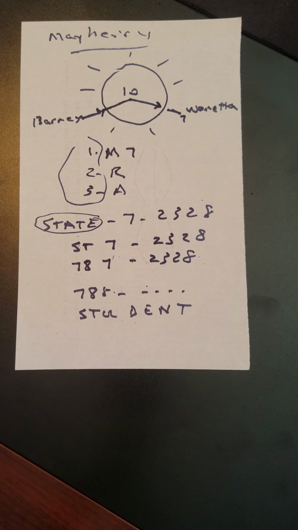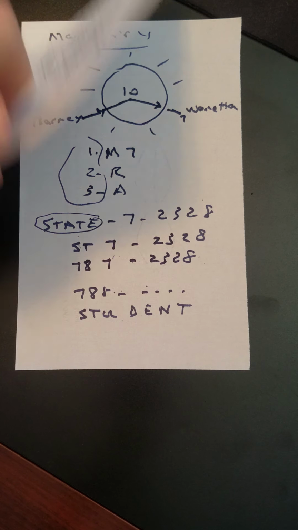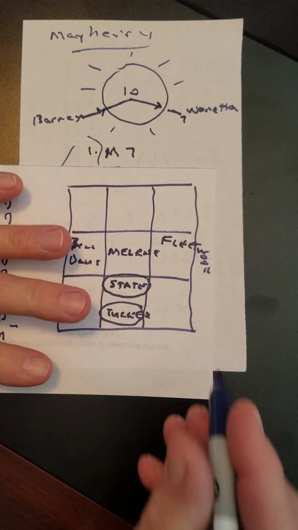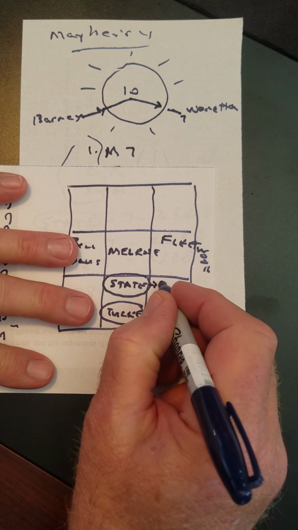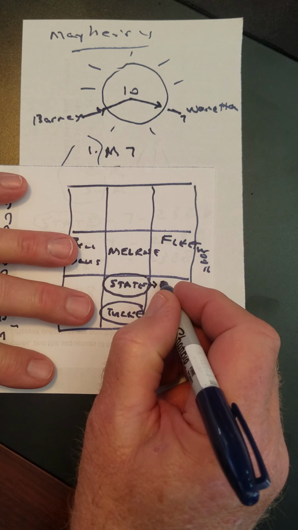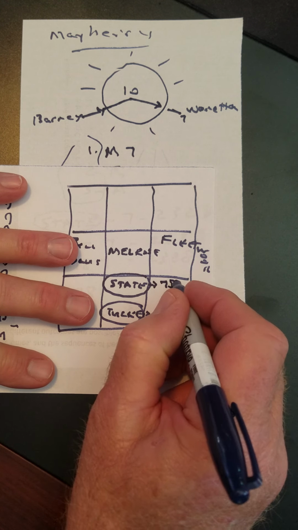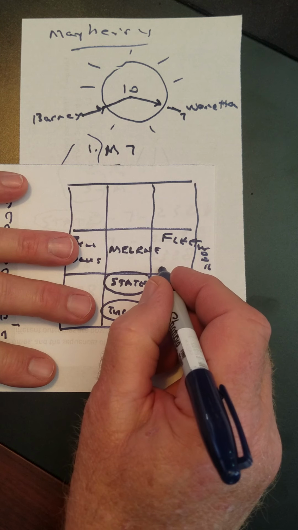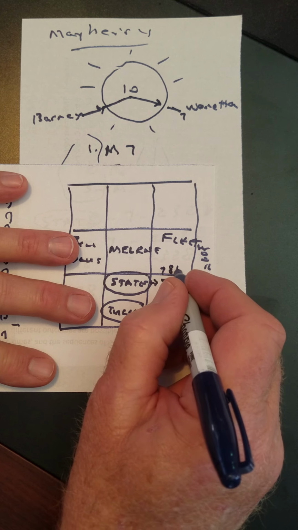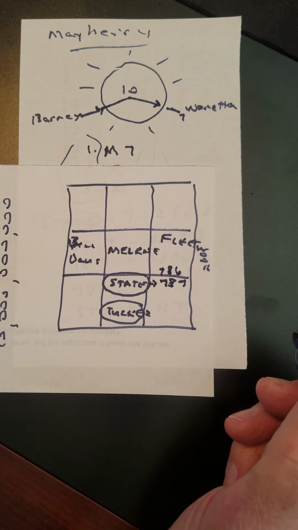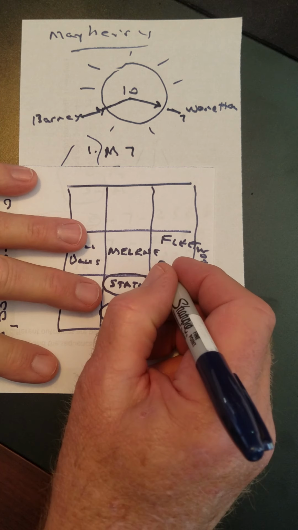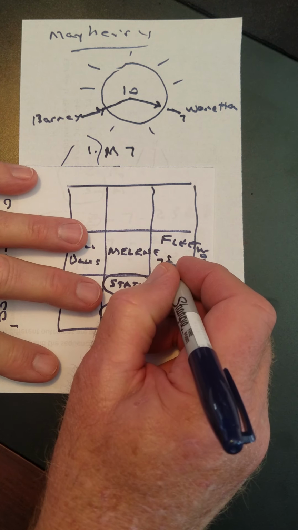And by the way, going back to this, my number was state 7, but I'll just call it 787. When I was young, the only two numbers were 786 and 787. I remember it was a big deal when they added 784.